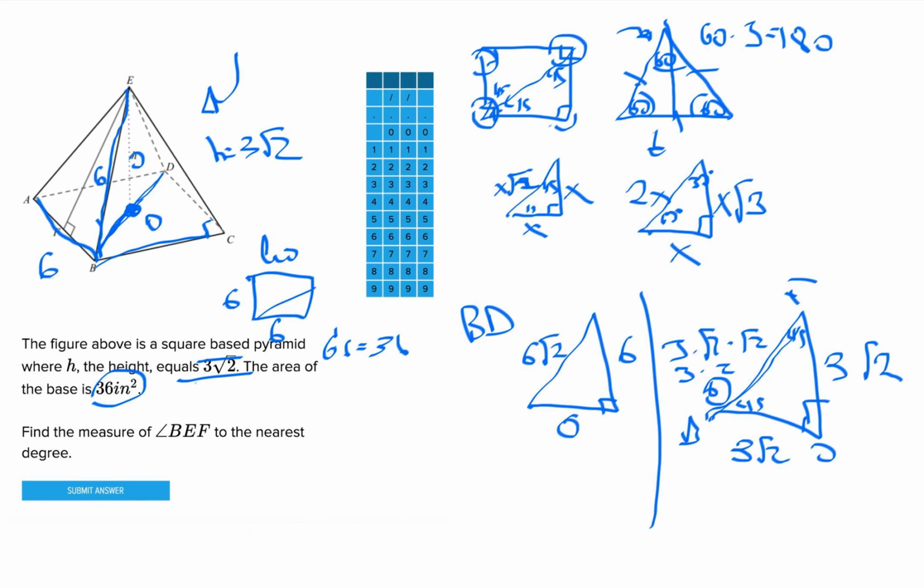So if we look at angle BEF here, which is this angle, it is part of a triangle, if you look at triangle AEB, that is going to have a base of 6 and a side of 6.